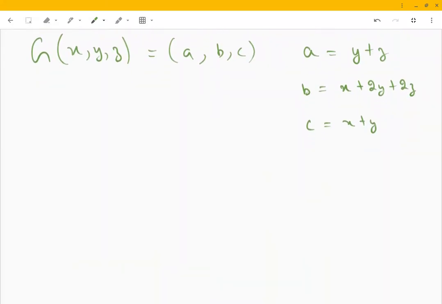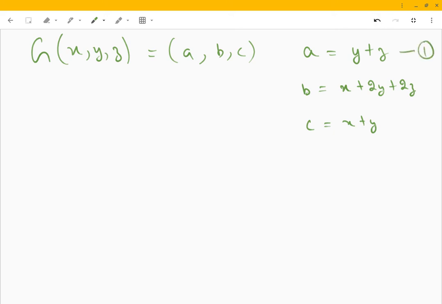Now, just as we used to find the inverse of a function, it is the same method. Just solve these equations, all three of them.